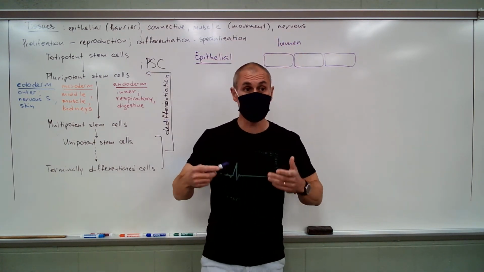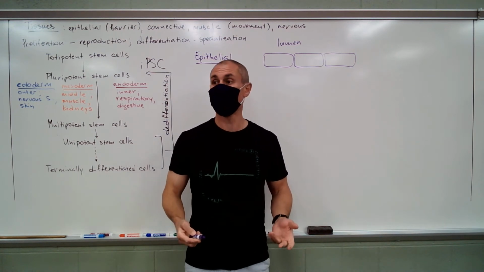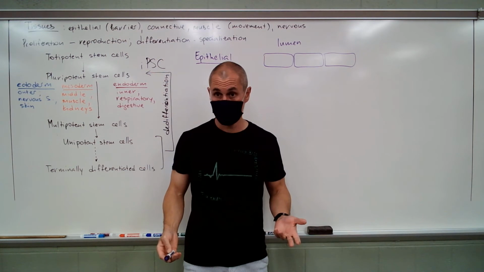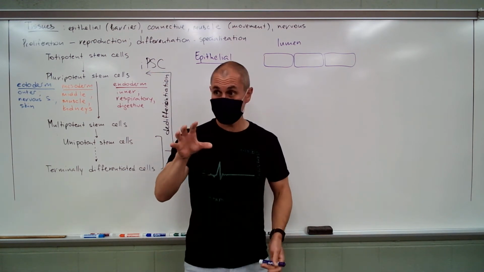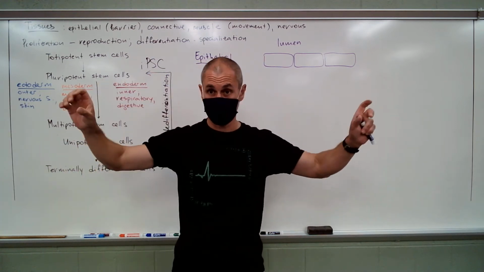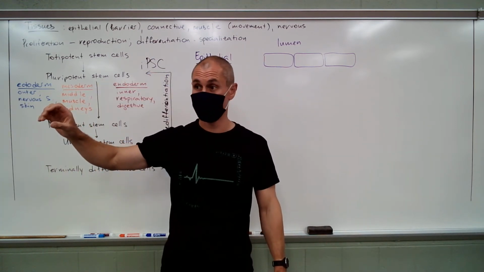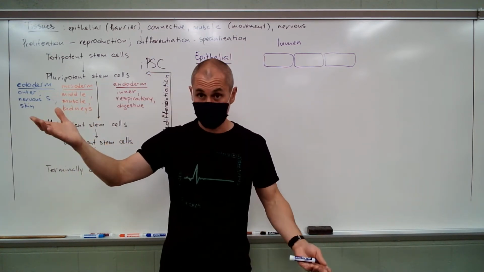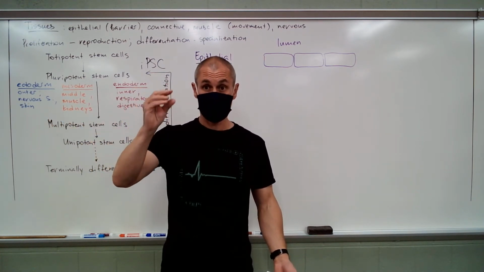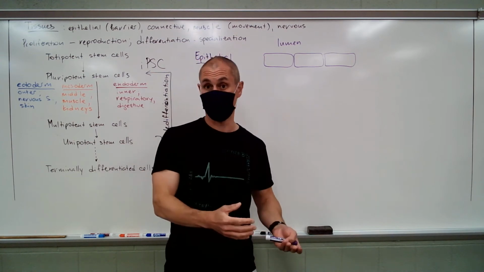So what's a lumen? Can you imagine a pipe? Just a pipe. What's inside the pipe? I will go to Home Depot and grab a PVC pipe. What's inside of it? Nothing. That is a lumen. Whatever is inside a pipe is a lumen.